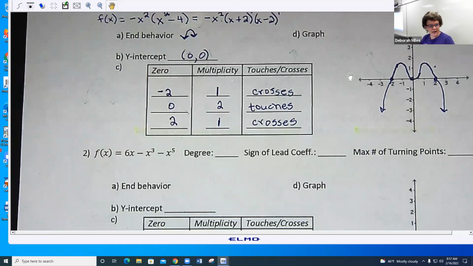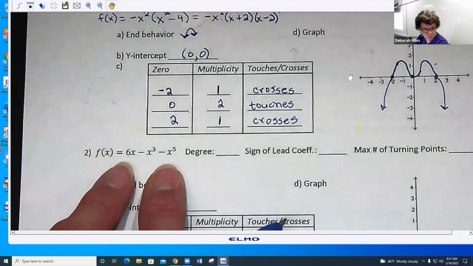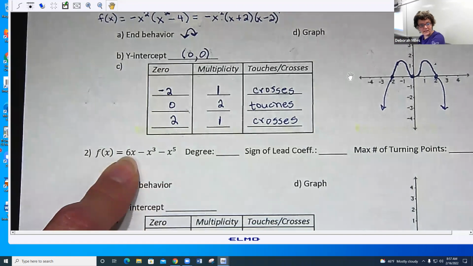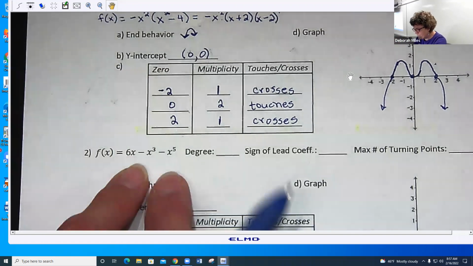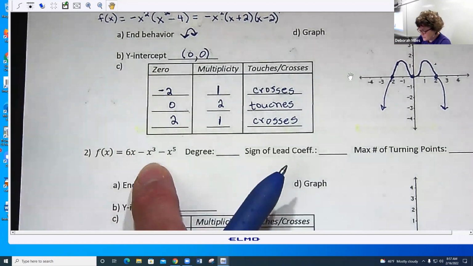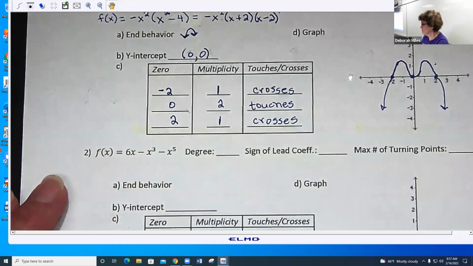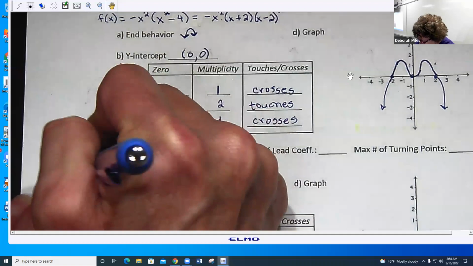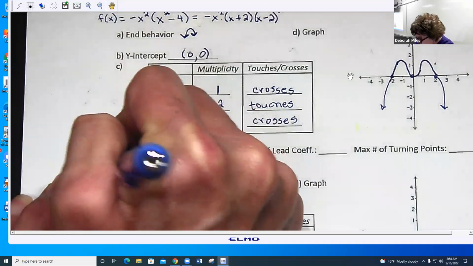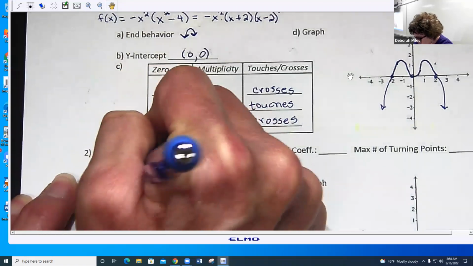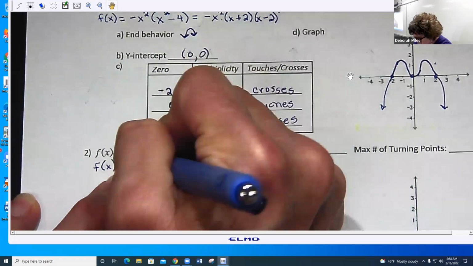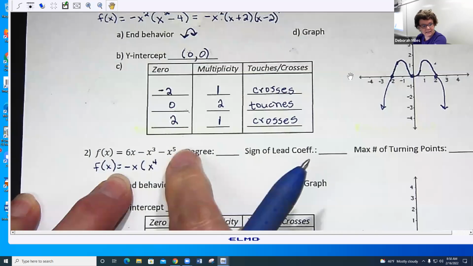So what could you factor out of that second polynomial? You could either factor out an x and leave it in the form that it's in, or you could factor out a negative x and put it in descending order. Absolutely doesn't matter. I think I'll do the latter. I'll factor out a negative x and say negative x times x to the 4th will give me that x to the 5th.